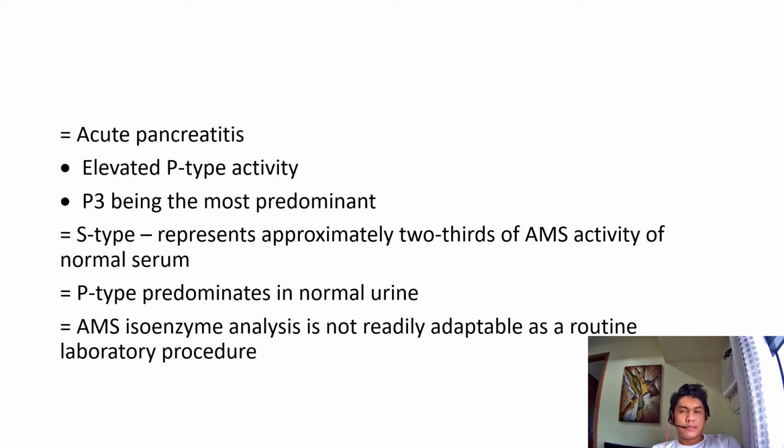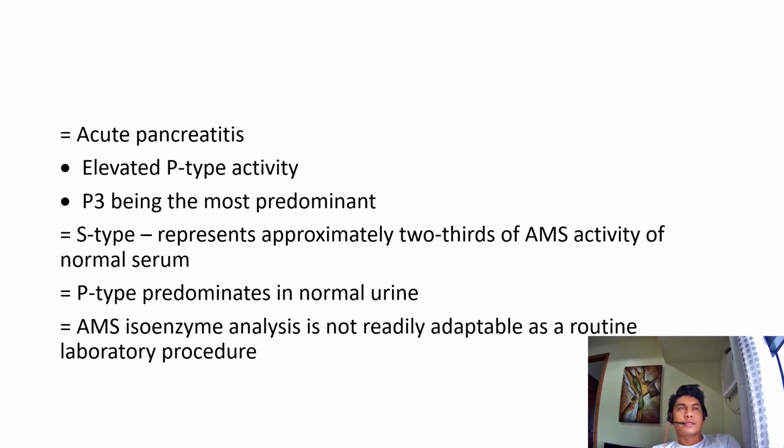Okay. S-type represents approximately two-thirds of amylase activity in a normal serum. P-type usually predominates in normal urine. And amylase isoenzyme analysis is not readily adaptable as a routine laboratory procedure because the procedure for isoenzyme measurement takes too long.